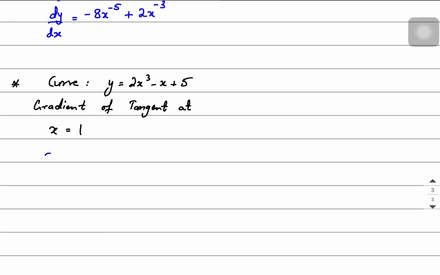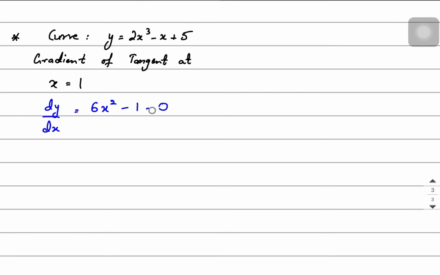That's very simple. You just have to take out the derivative. The derivative says power comes down 6, because 2 3s are 6, and 1 subtract from the power. So 3 minus 1 is 2. The derivative of x is 1. The derivative of 5 is 0.